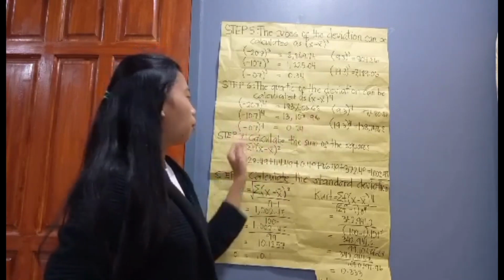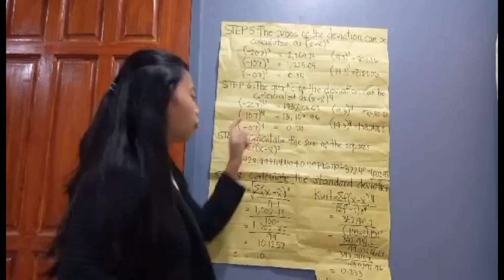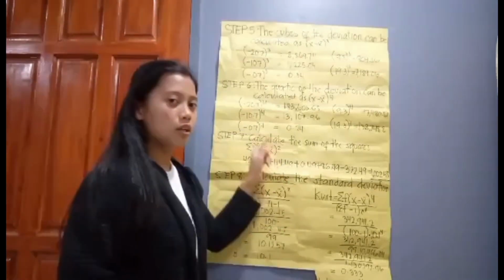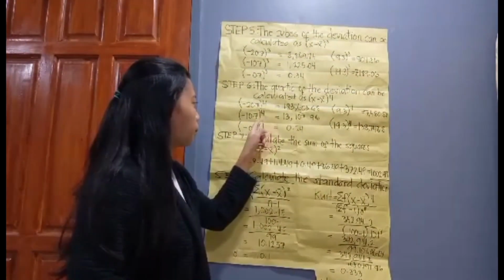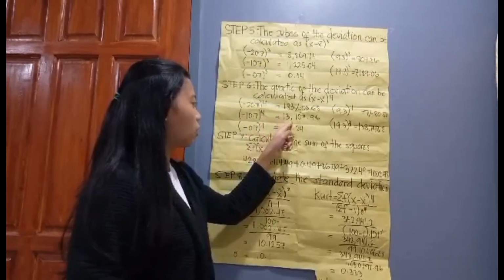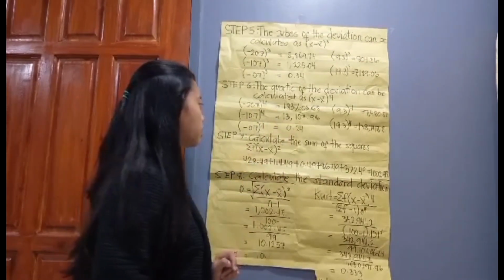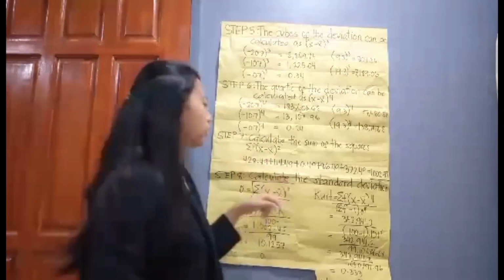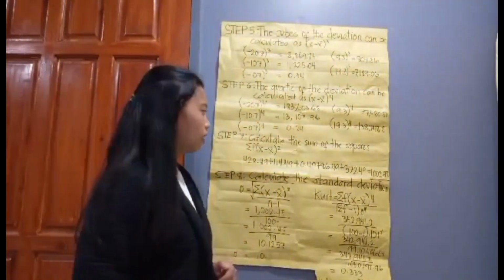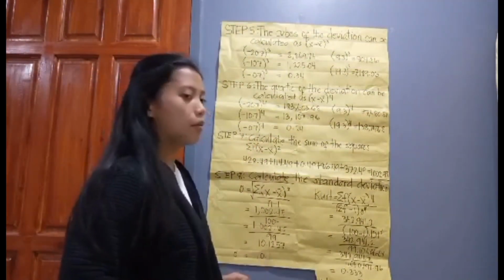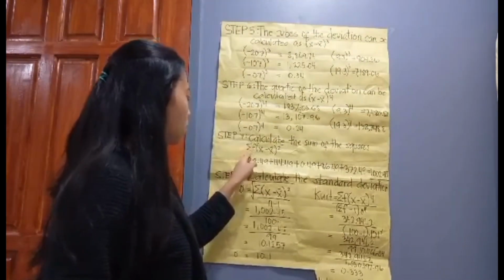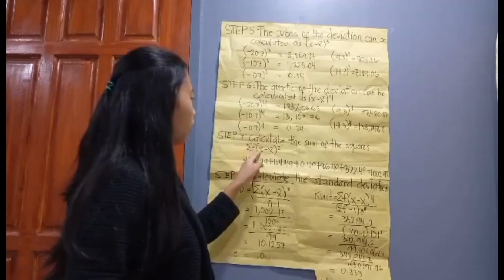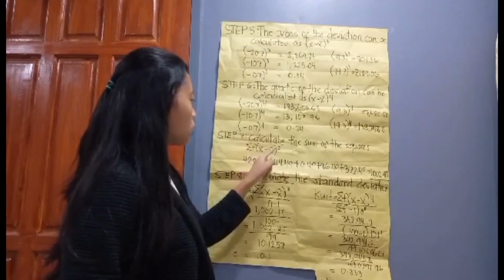So negative 10.7 to the fourth power is 13,107.96 and so on. So here in our step 7, we need to calculate the sum of the squares using this formula, summation of f times (x minus bar x) squared.